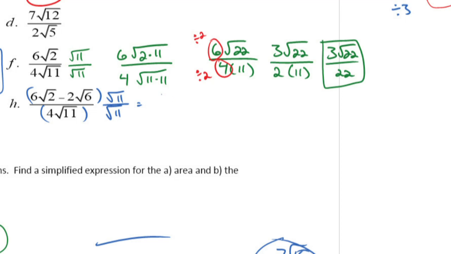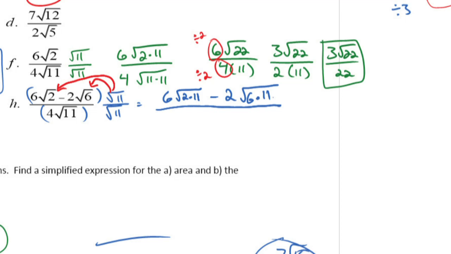So on the top, I'm going to have to multiply both terms. This is the distribution principle of multiplication: both terms inside the bracket by that root 11. So I'm going to have 6 times root 22 minus 2 times root 66.